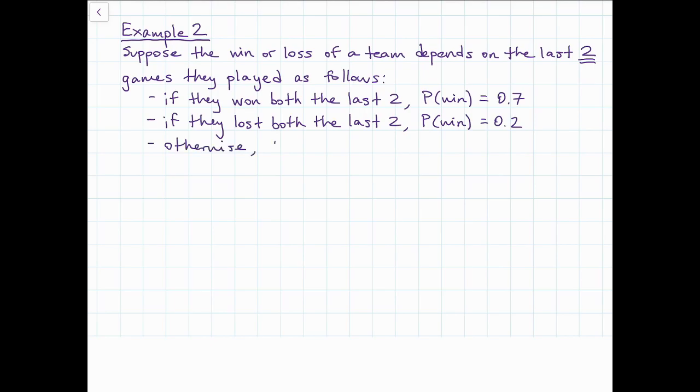And otherwise, so if they've won one of the last 2 games, we say they have an even chance of winning. So these probabilities are completely made up, just for this example. You could find some data on this maybe. That's a great idea for a project, actually, if someone wants to do that. So we have all of these probabilities based on the last 2 games that they've played. Now think about this. Could we actually model this as a Markov chain with 2 states?